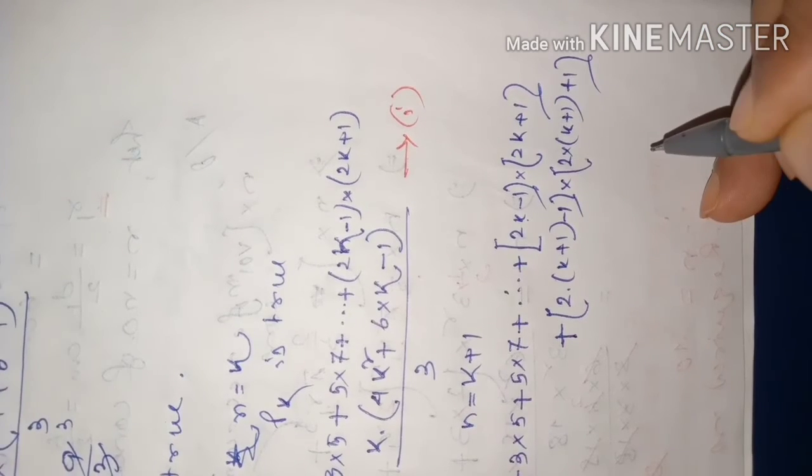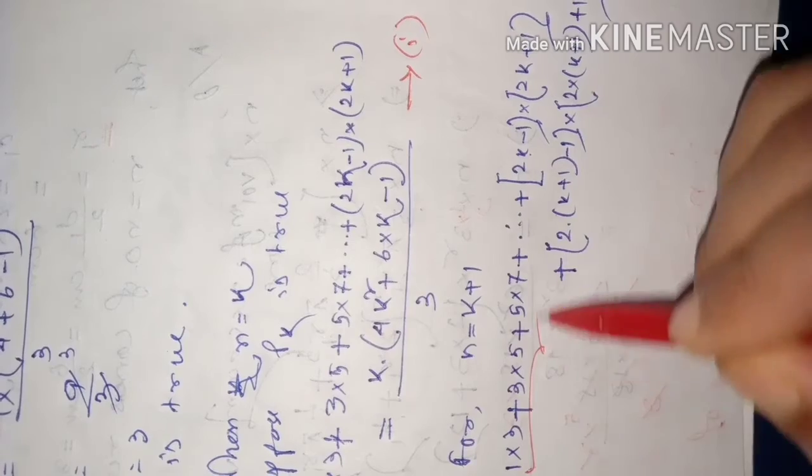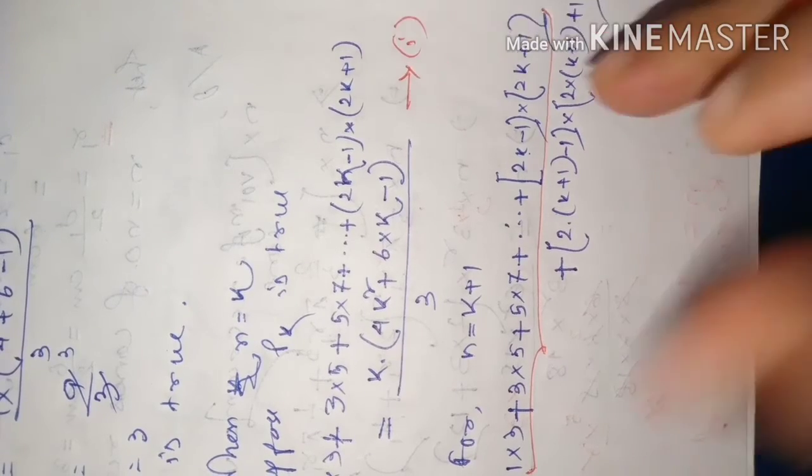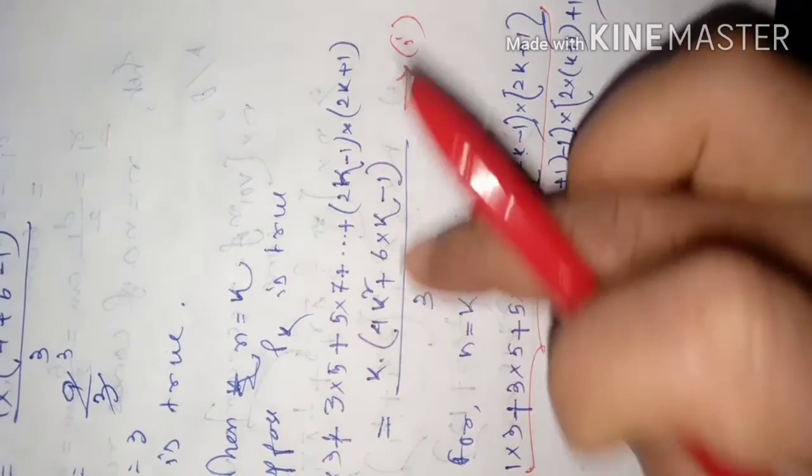Okay. So now dear students, you know that we have already supposed that from here to this part is a true statement, meaning its sum is this expression.